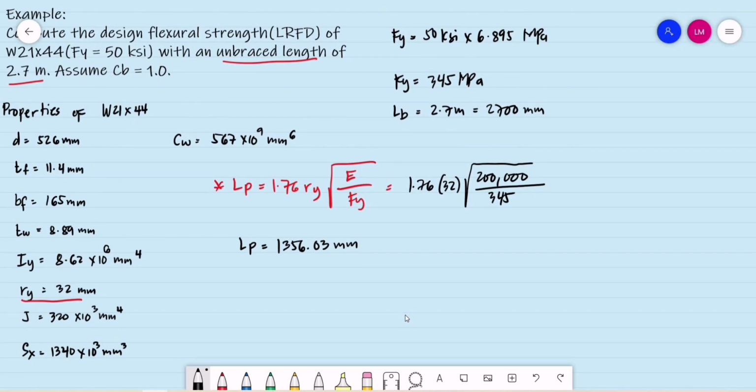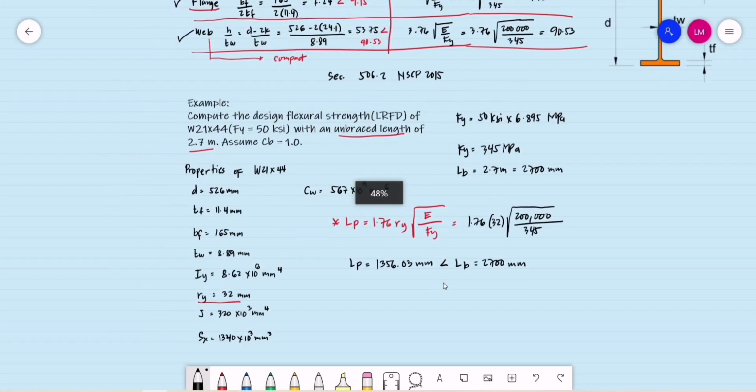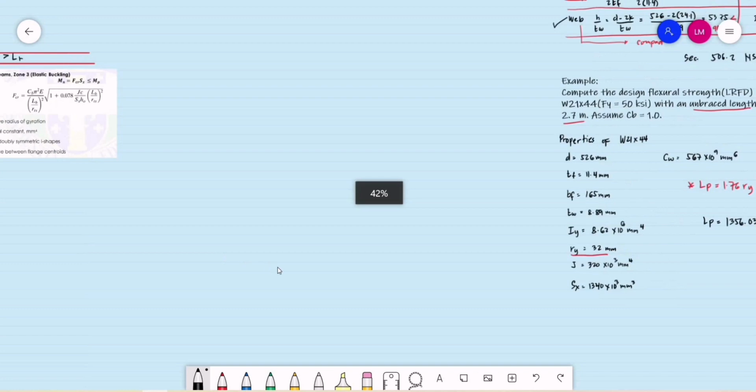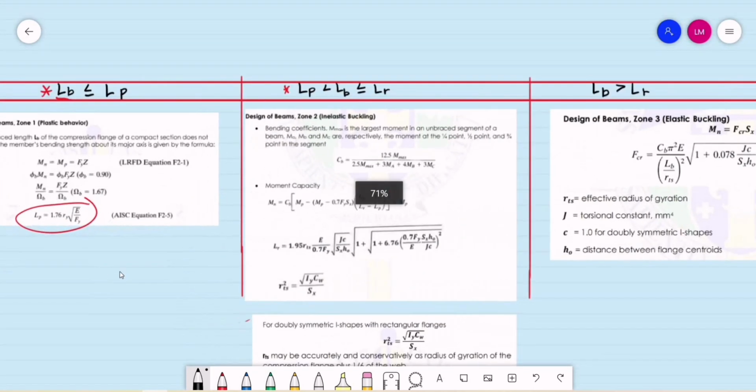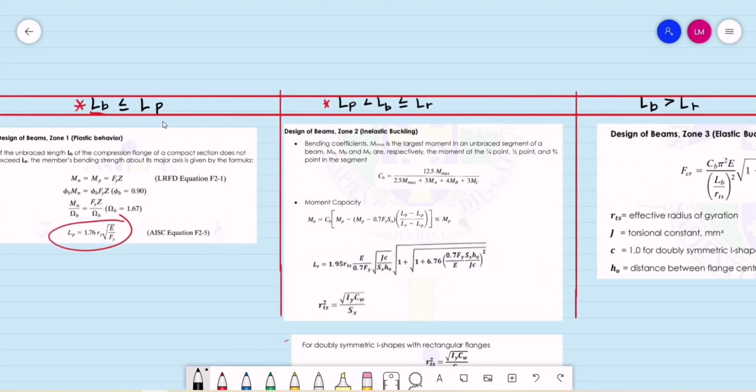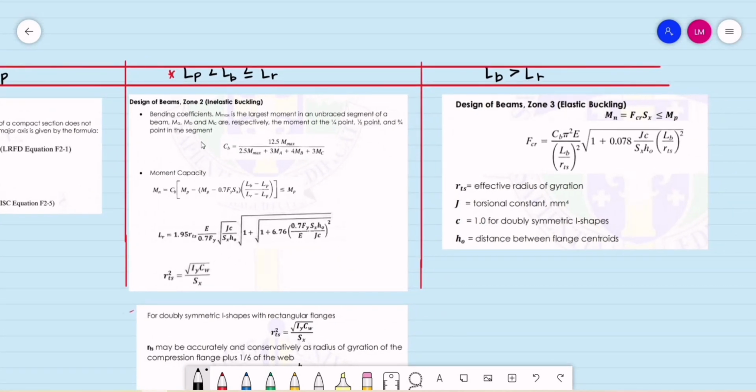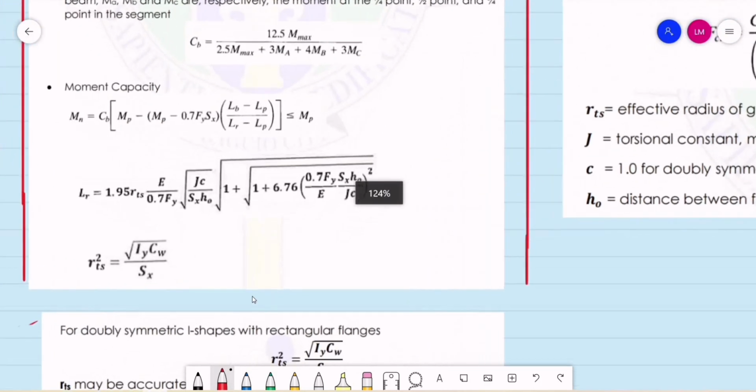Now, if we observe, what is our unbraced length? The unbraced length L sub B, which is 2,700 millimeters, is greater than L sub P, which means this is not under zone 1. Since L sub B is greater than L sub P, to determine whether it is zone 2 or zone 3, we need to determine the value of L sub R using this equation.